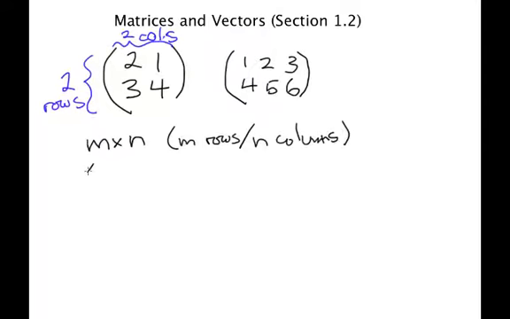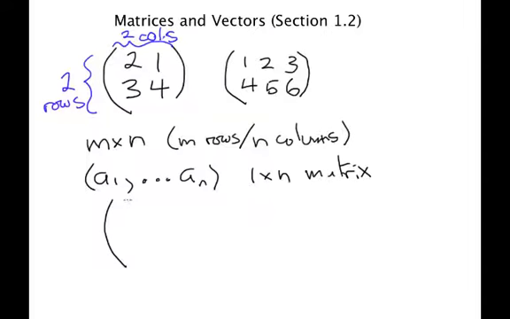So, for example, if you have any numbers a1 through an, you can put them into a 1 by n matrix. Or you could also put them into a column, a1, which would be an n by 1 matrix.